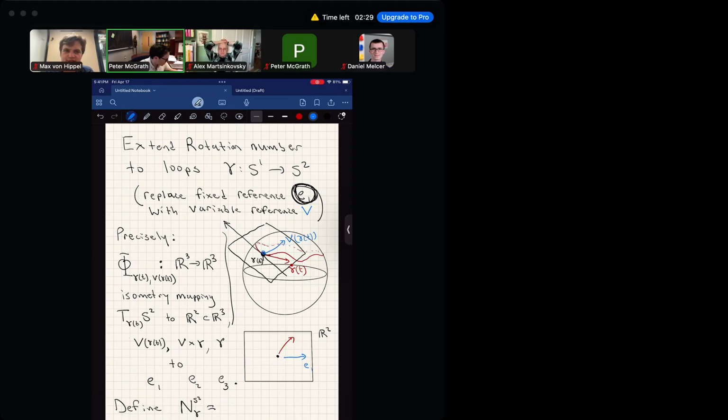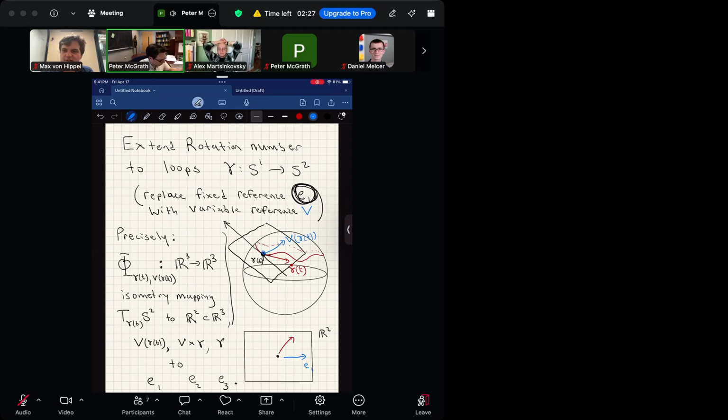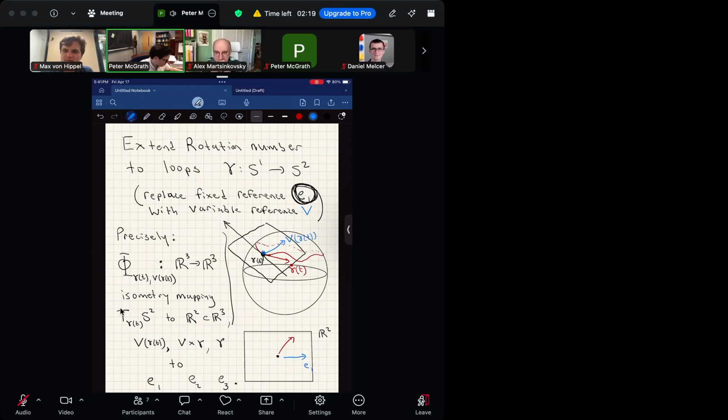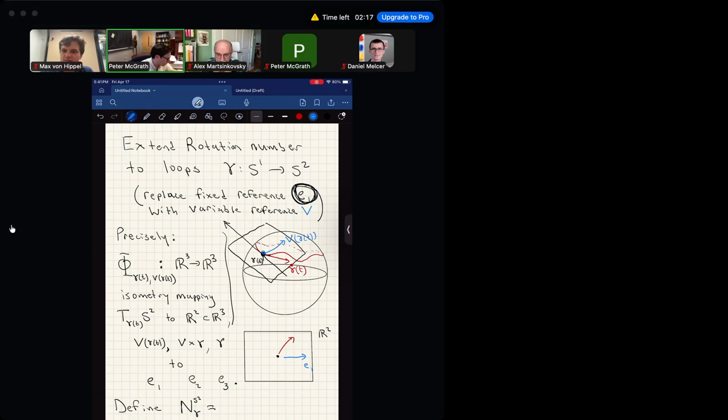So notationally, my claim, so what data do we have? We have a point in R3, we have two vectors that are orthogonal to each other in R3, which we can complete to an orthonormal basis in R3 by taking the cross product of the two vectors in some order.